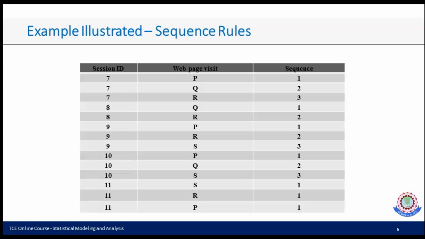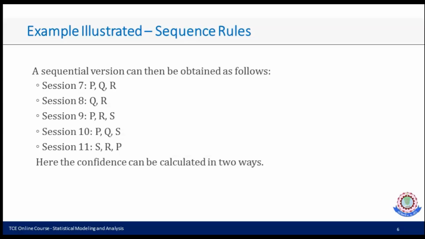With this example, now let us explore how the rules are generated and the support value is calculated. Here I have written the sequence with respect to the sequence number of the page visit for each session.